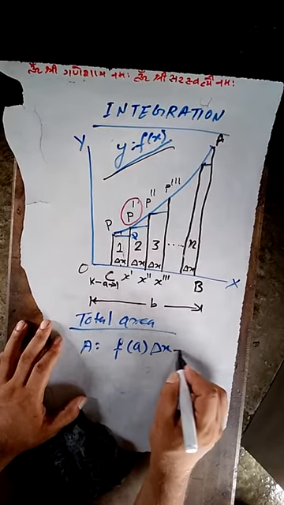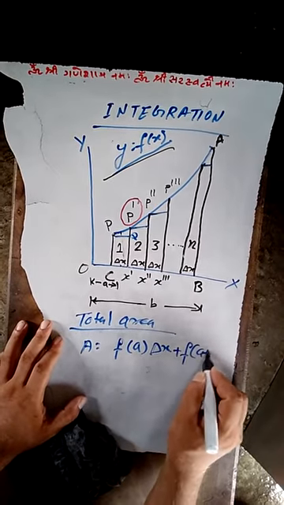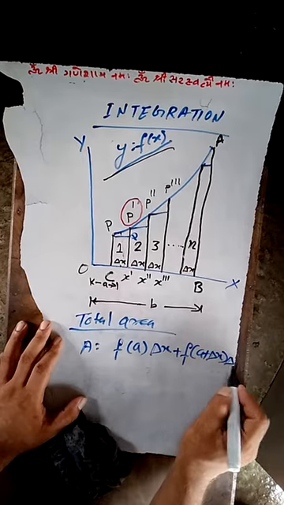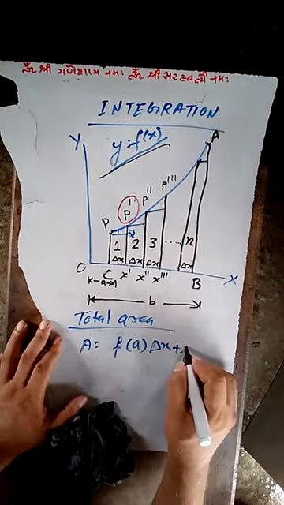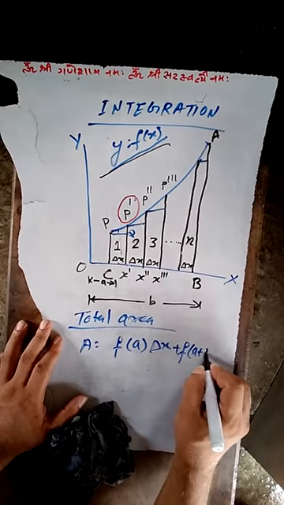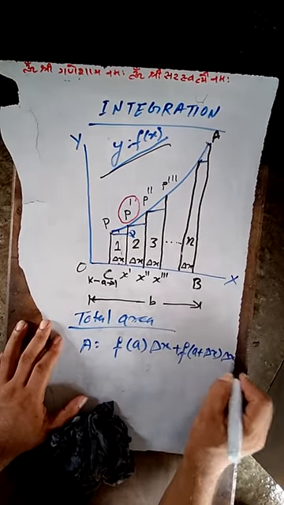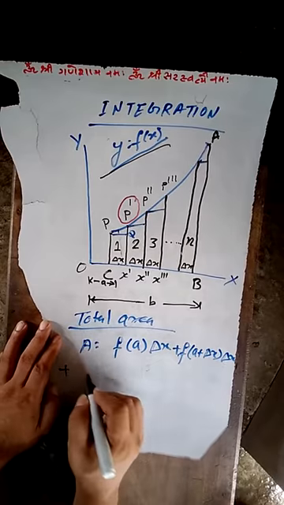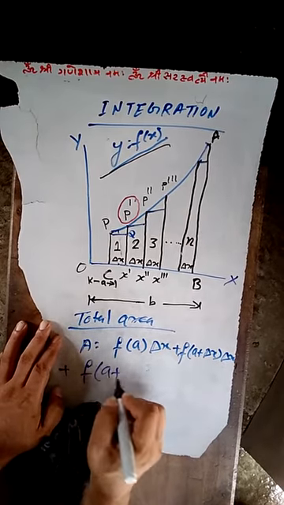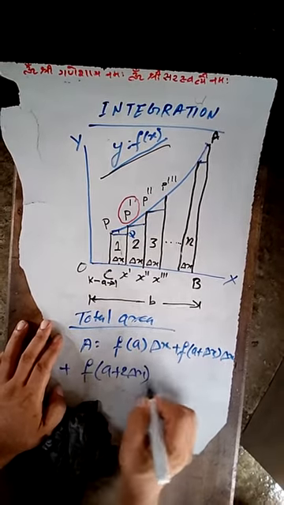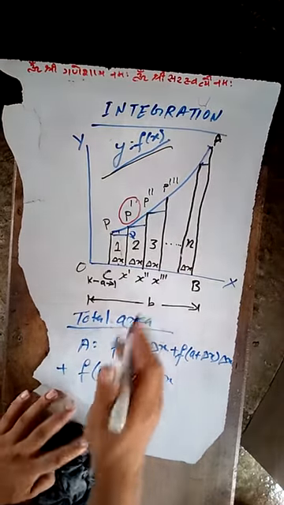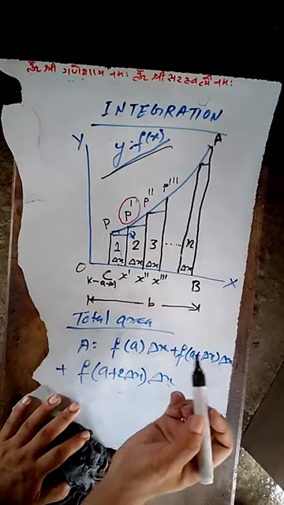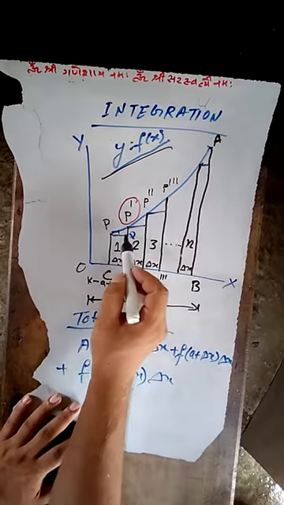The second is f of a plus delta x into delta x, and again the third is f of a plus 2 delta x into delta x. Likewise, this will be the area of rectangles only, but in each term we are missing this area.